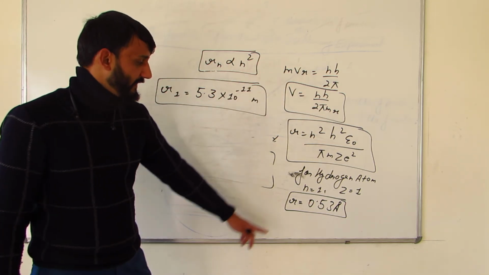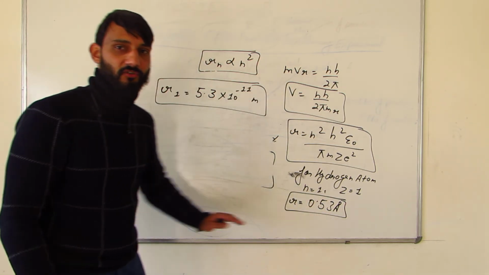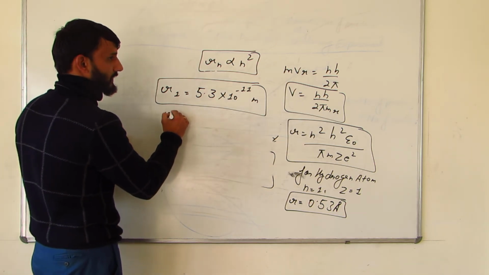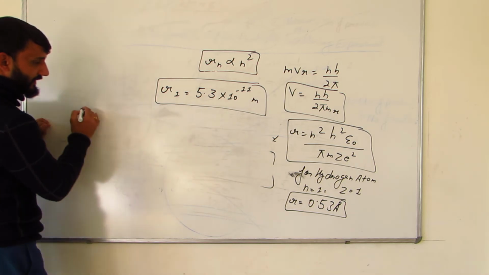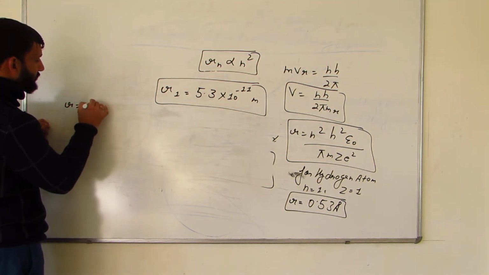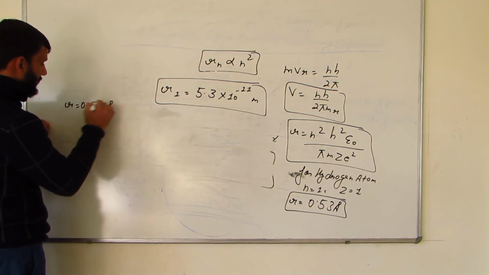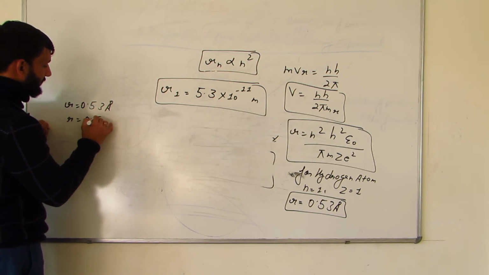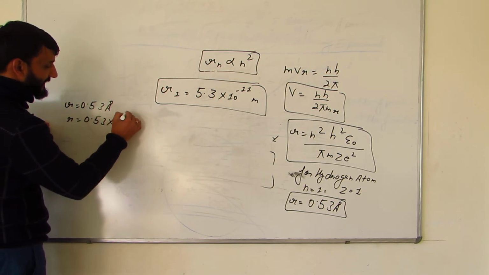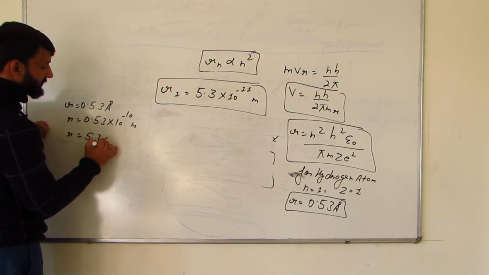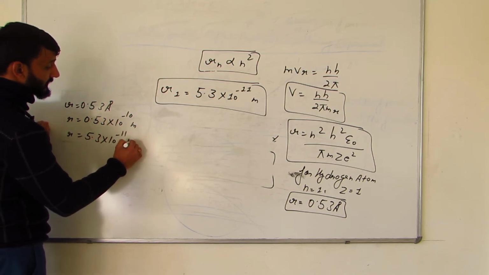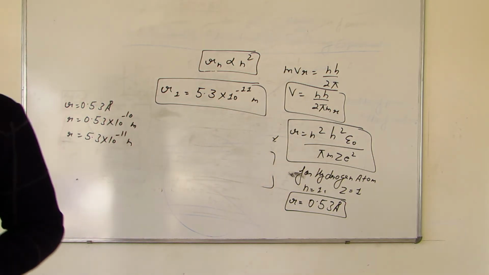Now you will say, sir, we told that it is 0.53 angstrom. So guys, I'll just do it here. R is equal to 0.53 angstrom, so R is equal to 0.53 into 10 to the power minus 10 meter. So it can be written as 5.3 into 10 to the power minus 11 meter. This is what is given, right?